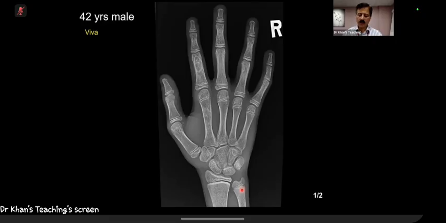Excellent. Okay, I'll take over. Well done. So if you see this lesion, there is basically a lytic lesion, right? And a lytic lesion which has got a narrow zone of transition, and the differential diagnosis can be quite extensive, many things can be considered. But simple bone cyst, aneurysmal bone cyst, whatever, chondroblastoma, not in this particular case, but at times it can happen when it goes to the epiphysis.